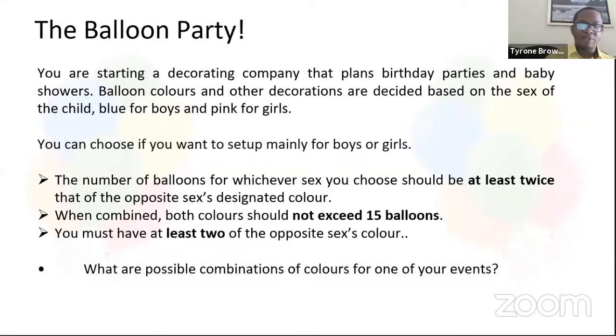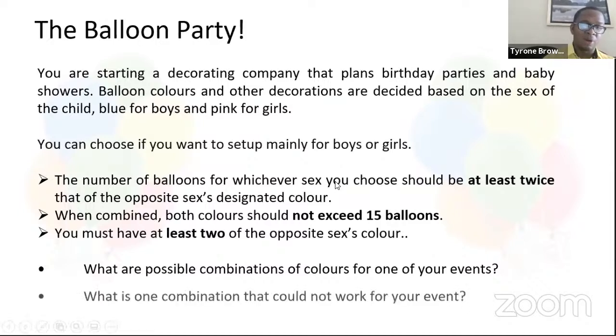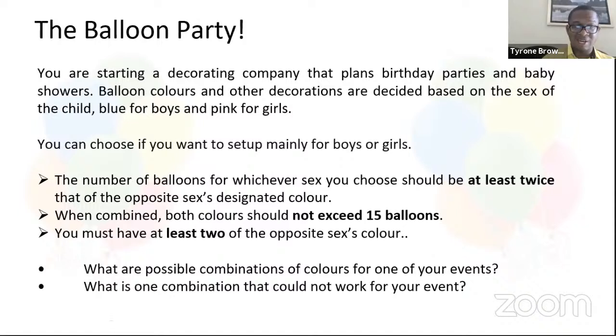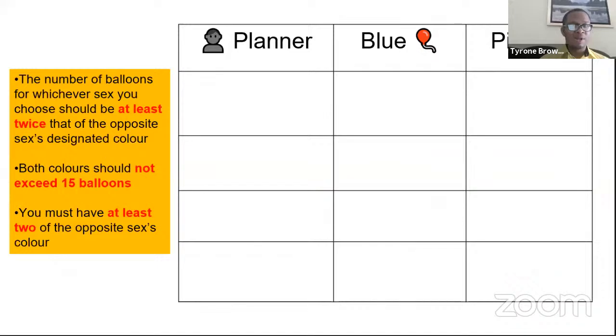We're going to be discussing the possible combinations of colors for one of your events. We'll be looking at one combination that definitely could not work for your event. And we're going to be doing some modeling. So here we go. I would have placed the limitations here so that we have ease of reference.